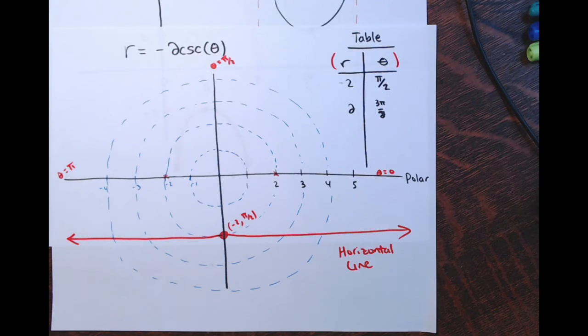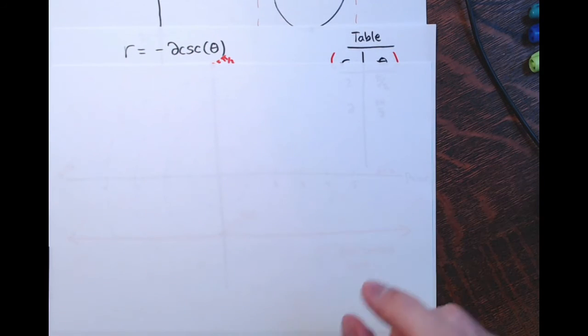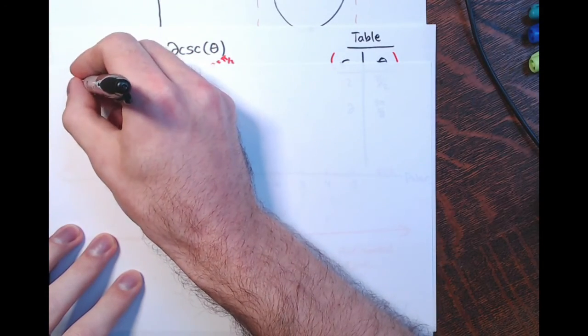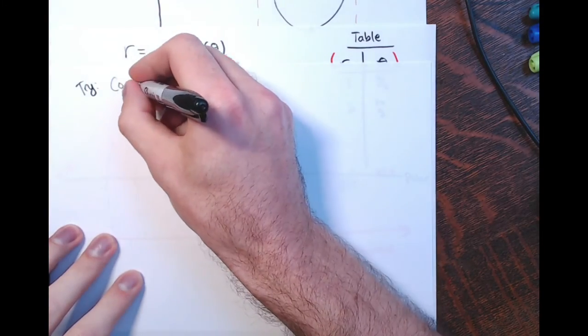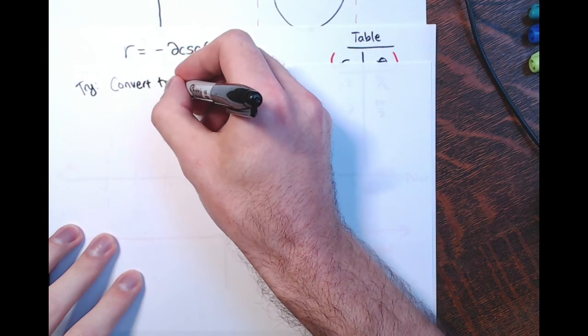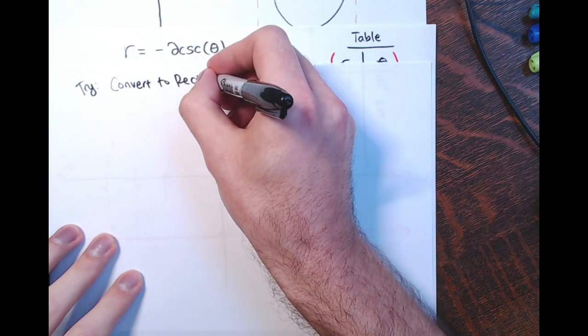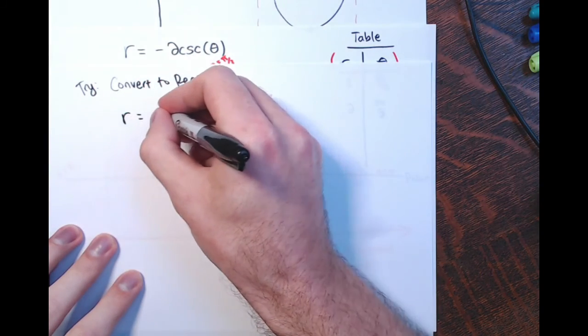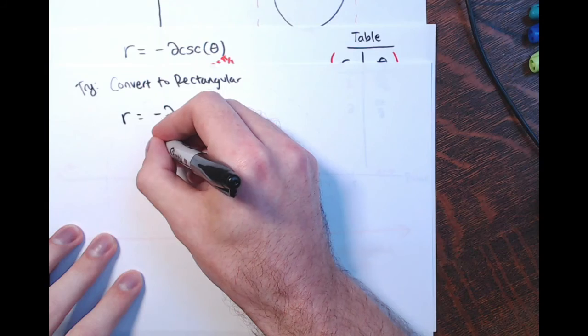Now you can see that a lot more easily. This one's actually pretty easy to convert to rectangular. If I try to convert to rectangular, you don't have to, but if you try, we have r equals -2 divided by the sine of theta.